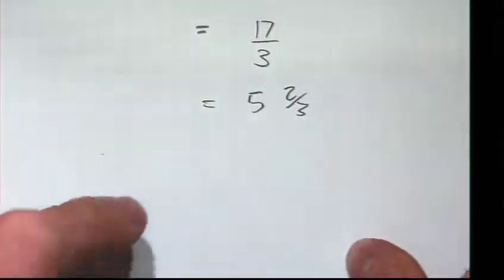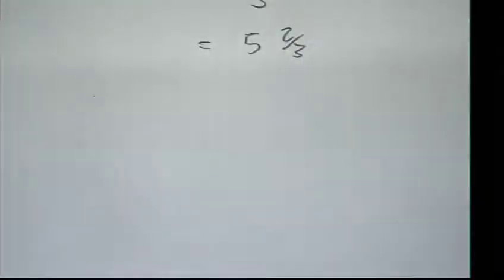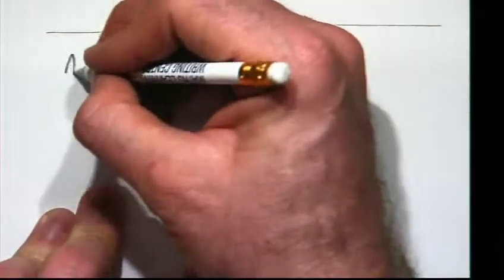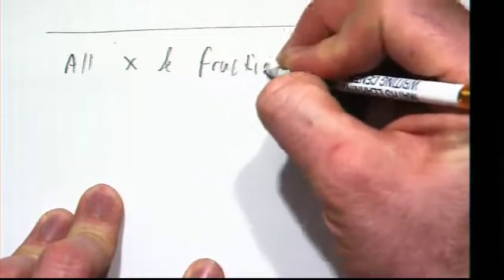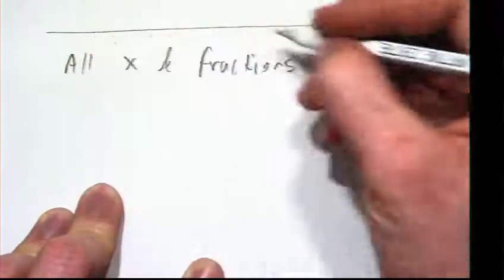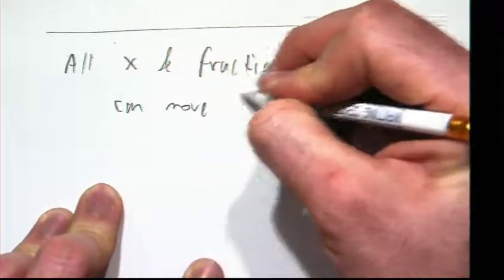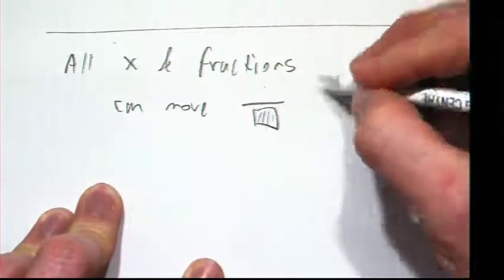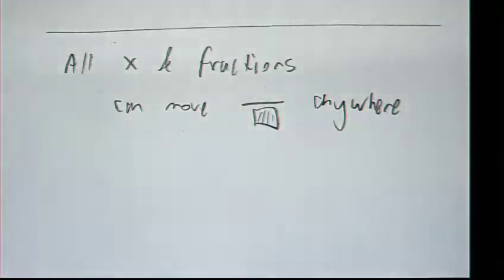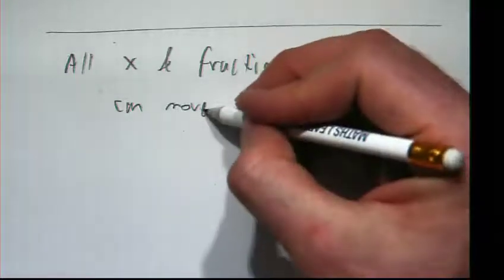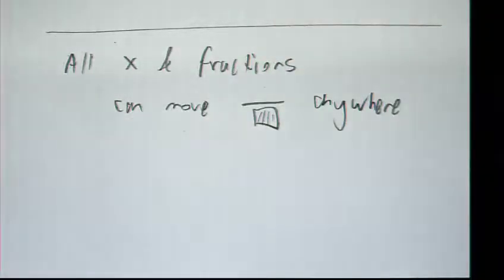So back before we had a rule that said I can move times and divide around as long as the divide stays with the thing that it's divided by, and that applies to fractions too. So if it's all times and fractions, I can move a denominator of a fraction anywhere as long as it's all times and fractions.